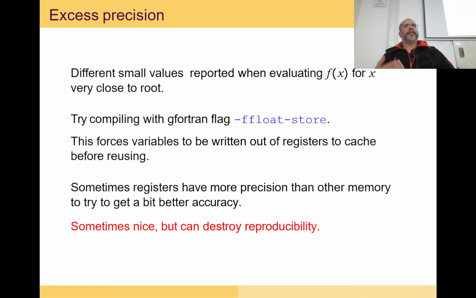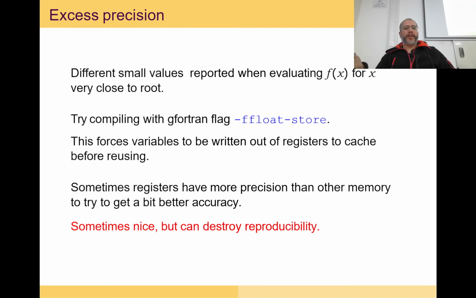But actually the precision available in the registers, where the numbers are extracted from by the logic unit, is sometimes larger than the precision available in your memory or cache. So even if we have an 8 byte double precision float, when it's sitting inside the register, the number will be represented in a higher precision.